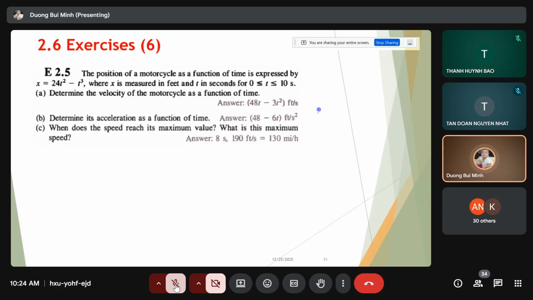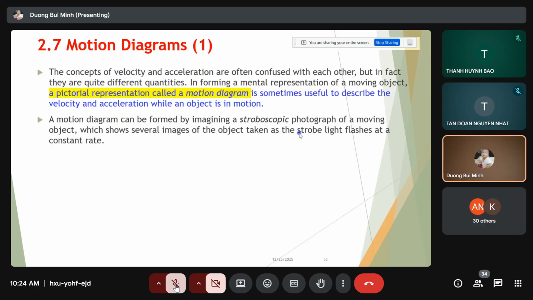We don't have more time to explain all the exercises, so I just give you the reference answers, and you need to discuss with the TAs. If you don't understand, you discuss with your friends, the other students, to get the answers.